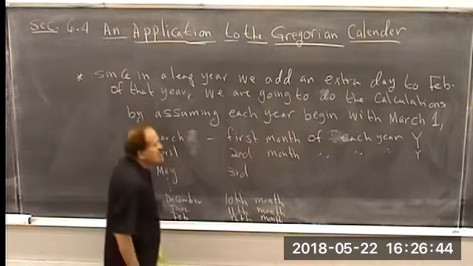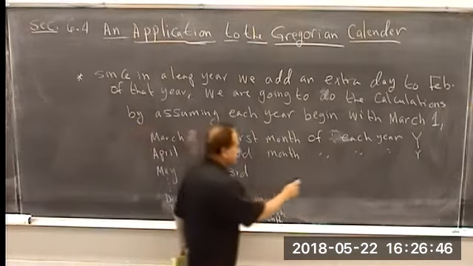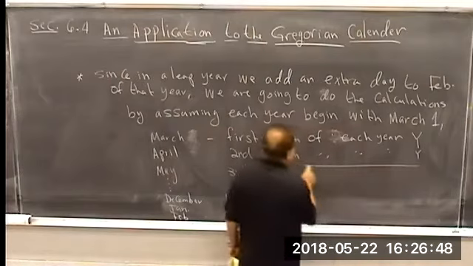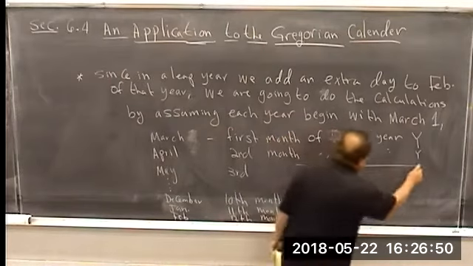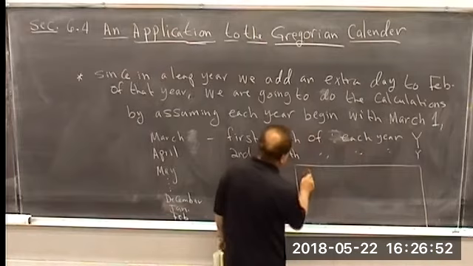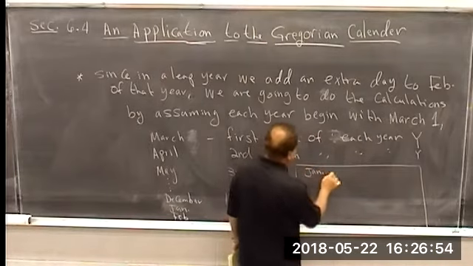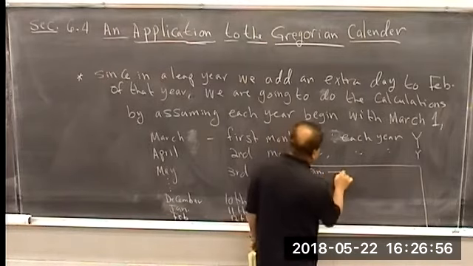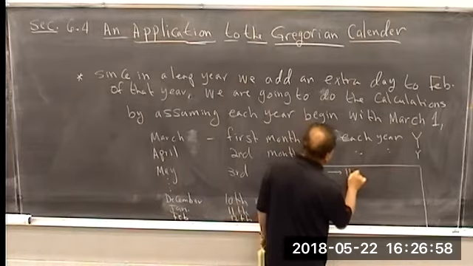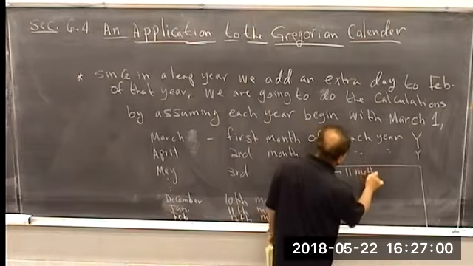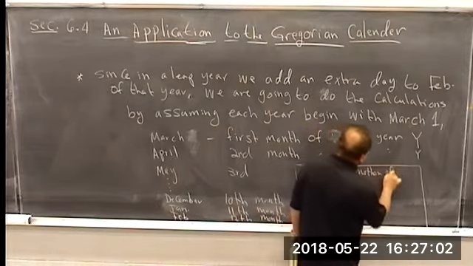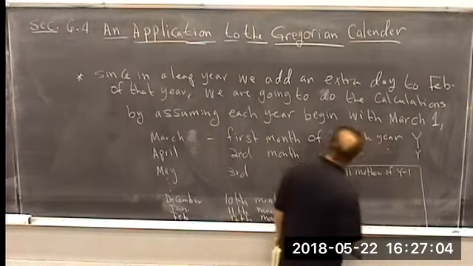However, for January and February, January is going to be considered as the 11th month of the previous year, Y minus 1.